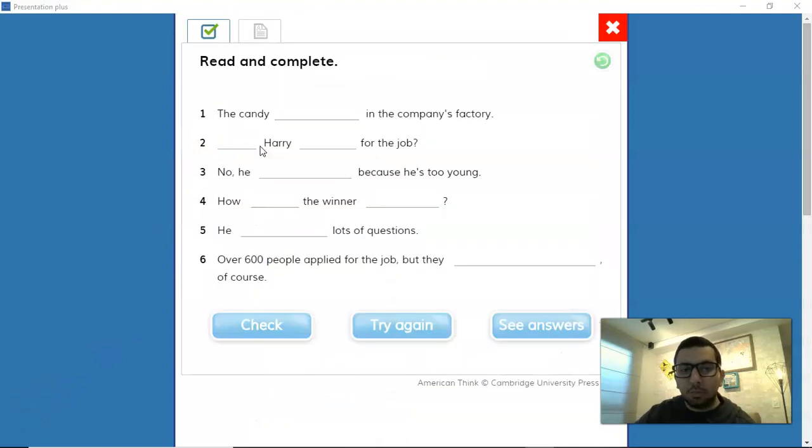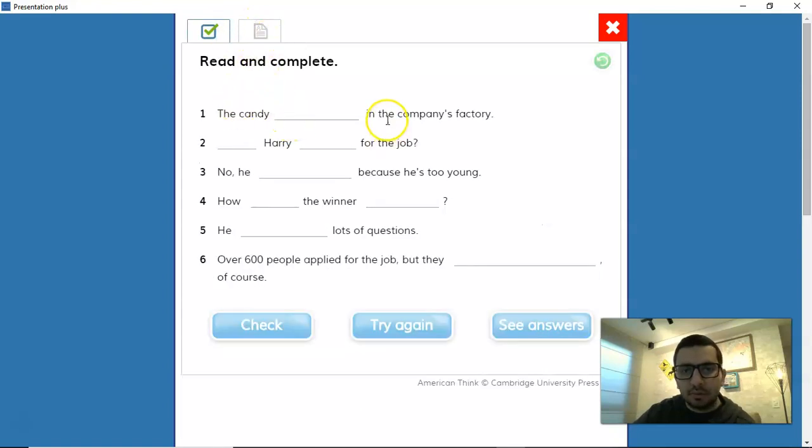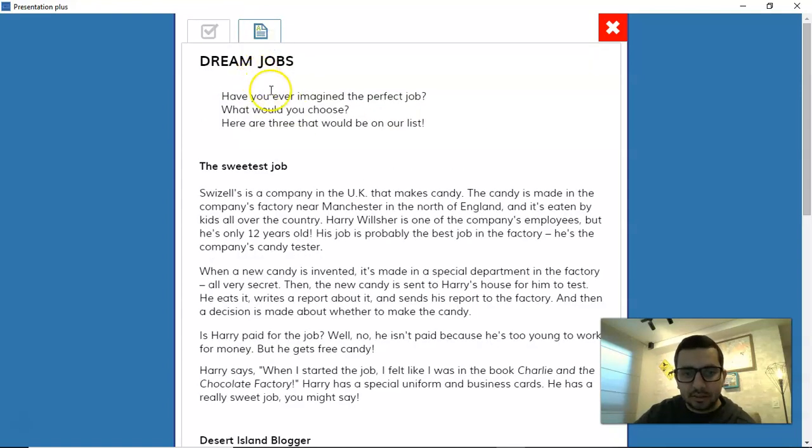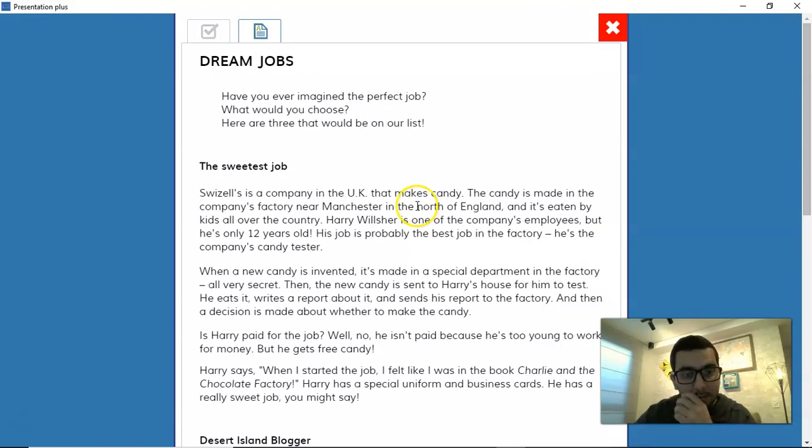Alright, we just need to complete the sentences just the way they were in the text. So we need to read the text. So here, first one, the candy is made in the company's factory. So the candy is made. Harry for the job. It's a question.